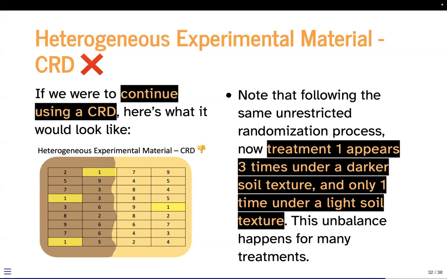If we make the connection that a darker soil type may mean it has more organic matter, more soil and nutrient holding capacity, it's just a better soil overall than a light colored soil that may be sandier, where more leaching is happening, so water is draining and nutrients may be draining with it. So we're assuming that the dark soil type has a greater positive impact on yield than our light color here.